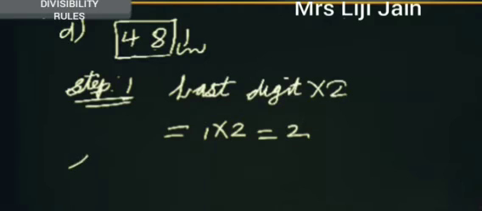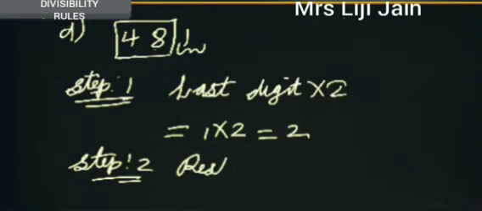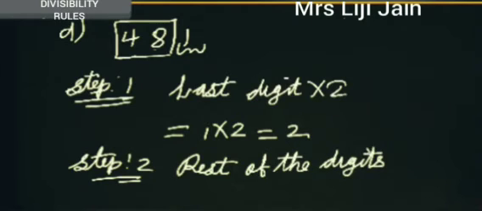So, what is step 2? Rest of the digits minus this product. Isn't it? Step 2. Rest of the digits minus this product, which is the product obtained here, 2.